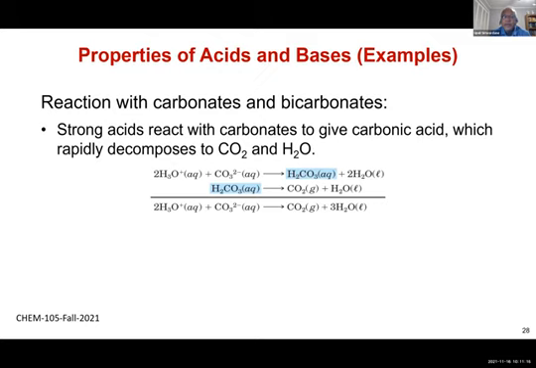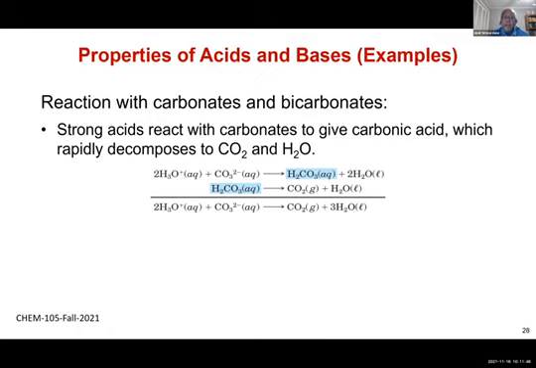The first is the total ionic equation. The second one is the breakup of the carbonic acid produced into carbon dioxide and water.